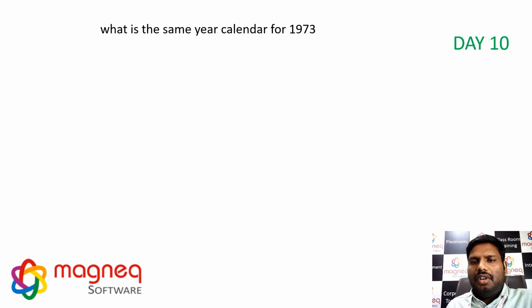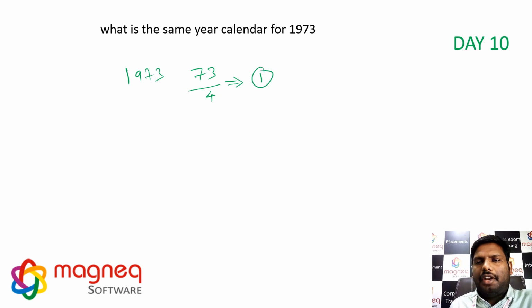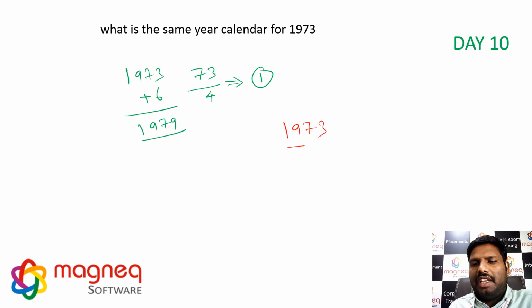Next one. What is the same year calendar for 1973? 73 by 4, remainder 1. So plus 6 means 1979. The 1973 calendar and 1979 calendar are both the same.